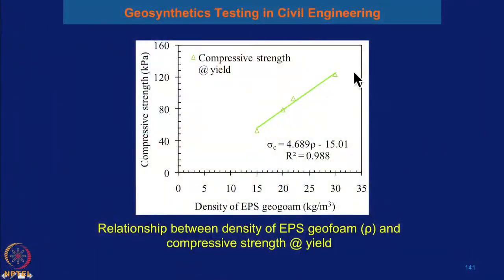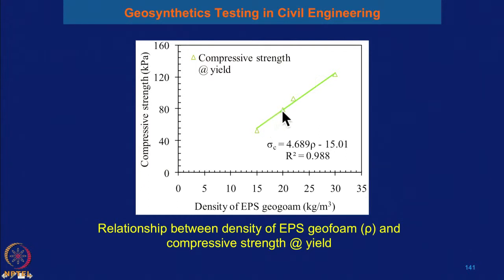Now, I am showing you a relationship between the density of the EPS geofoam and the compressive strength at yield. We have shown this for a particular strain value of 10%, and you can also draw a correlation at yield. This slide shows compressive strength versus density of EPS geofoam material at yield.